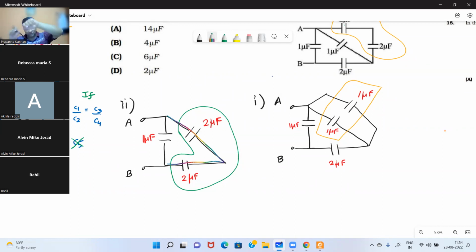They both are connected in one line, correct or not? No deviation into any other path. Correct or not? Yes, sir. Then what is it? Series. So 2 microfarad and 2 microfarad are in series. So 2 and 2 in series will give you 1 microfarad. If you want, you can do the calculation yourself.